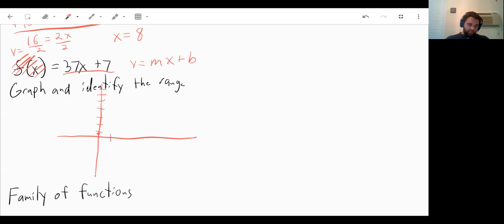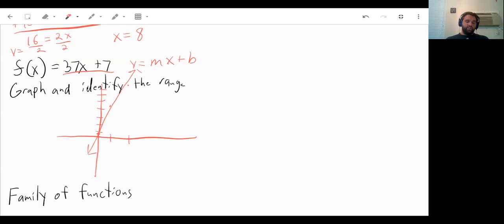And then at 1, it's going to go up by 37, so it's going to be about there. And at 2, it's going to go up by another 37, so it's going to be about there. Now you can just connect the dots, and you've got your line that graphs this function.